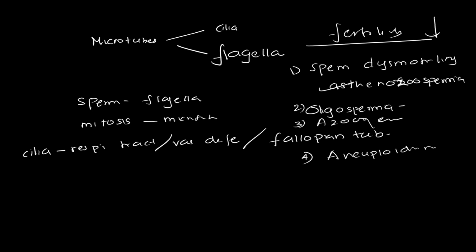So if the microtubules are sparse, not found in an abundant manner, they will not function well. So there is a possibility of non-disjunction. Hence, there could be aneuploidism in the progenies, which will lead to mutagenic effects.